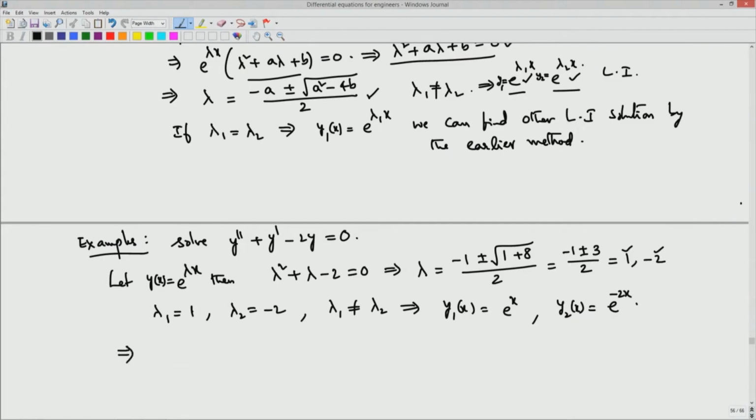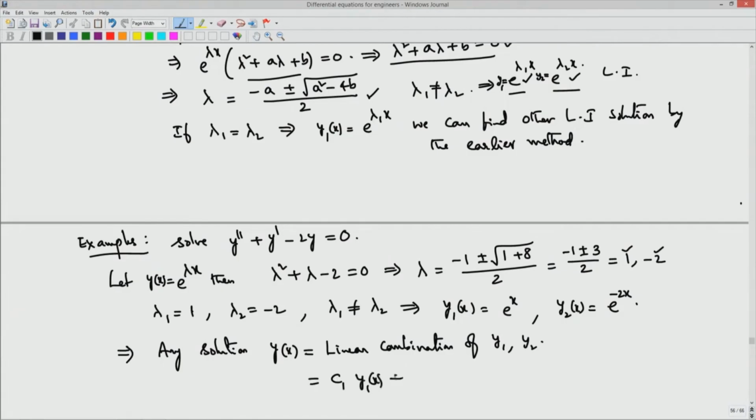That implies any solution y of x should be a linear combination of y1 and y2. So, this is c1, some constant, times y1 of x plus c2 y2 of x.